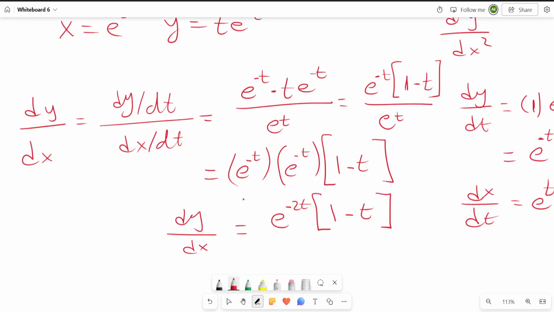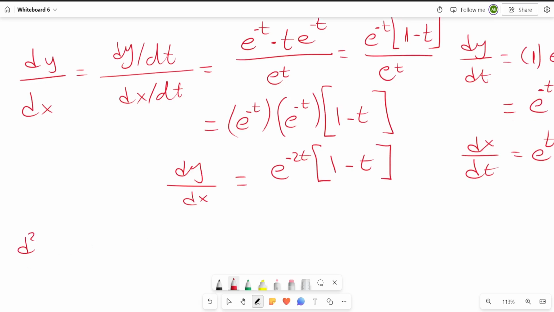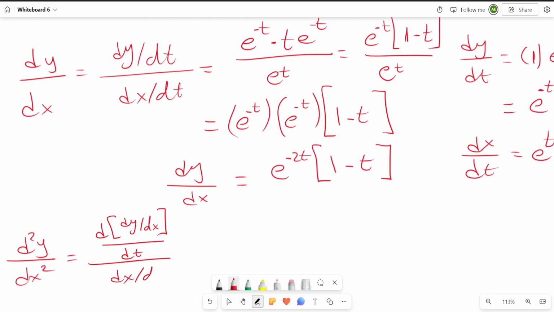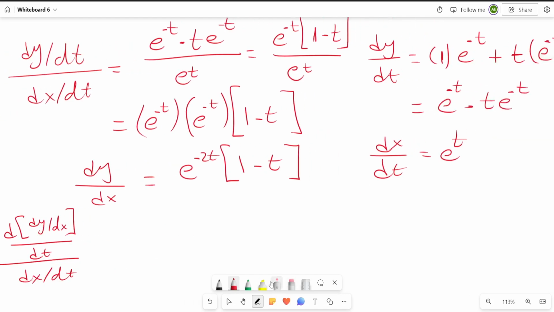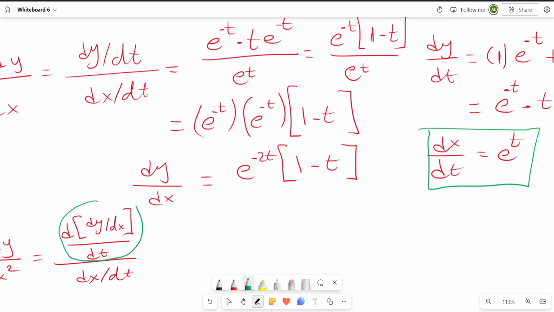So if I want to find d squared y by dx squared, I know that it's going to be differentiation of dy by dx with respect to t over dx by dt. dx by dt is super easy. I have it. It's over here. What I need to do is to find this numerator part, which is differentiating dy by dx, so differentiating this expression with respect to t.